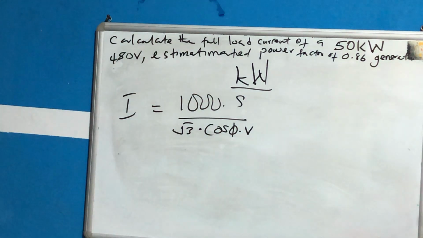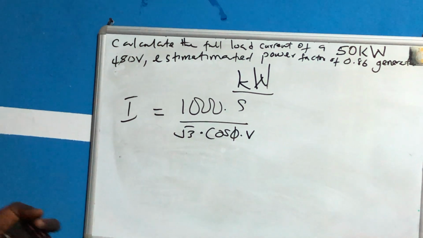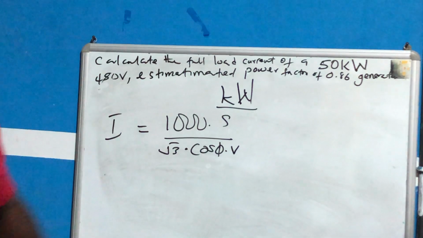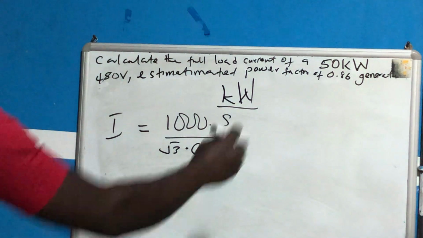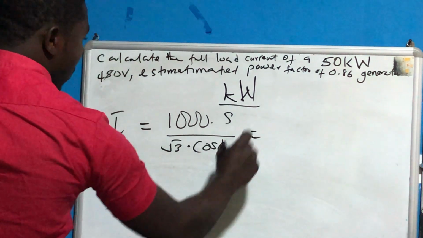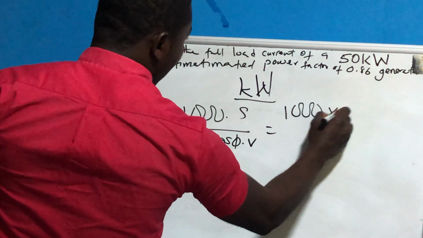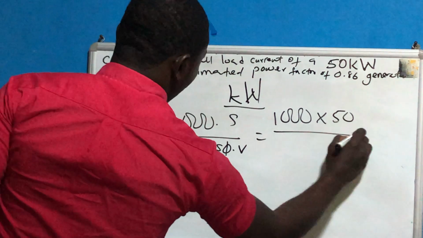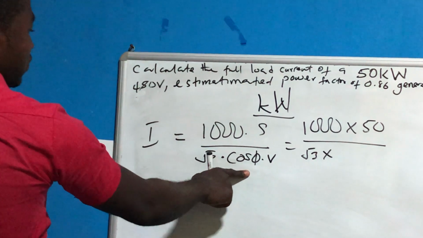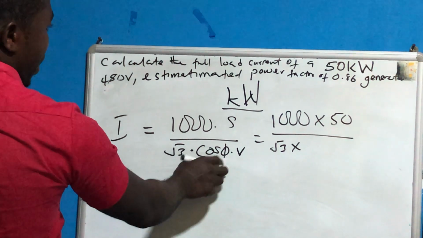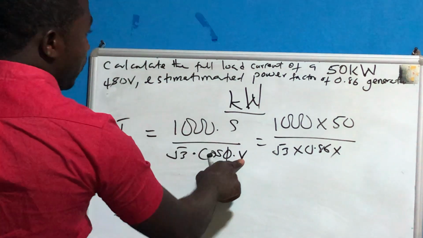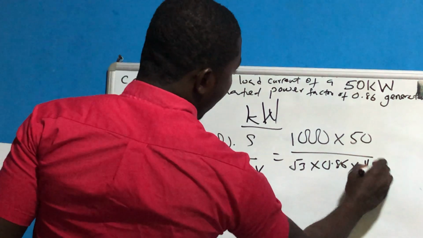So all I did is to bring in the power factor of the generator, since now the generator is in kilowatts. So now from the question, the rating of the generator is 50. So put into the formula 1000 times 50 over square root of 3 times the cos theta, which is the power factor in the question, 0.86, times voltage in the question, 480.